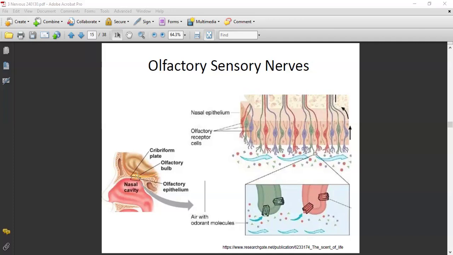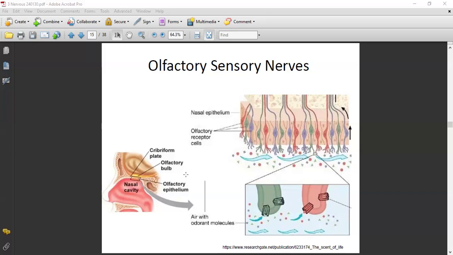So the signal will come up here. The very first brain site to receive that olfactory sensory signal is called the olfactory bulb. This is the olfactory bulb. They will receive those signals, and then they will transmit that signal into the olfactory cortex in the brain.